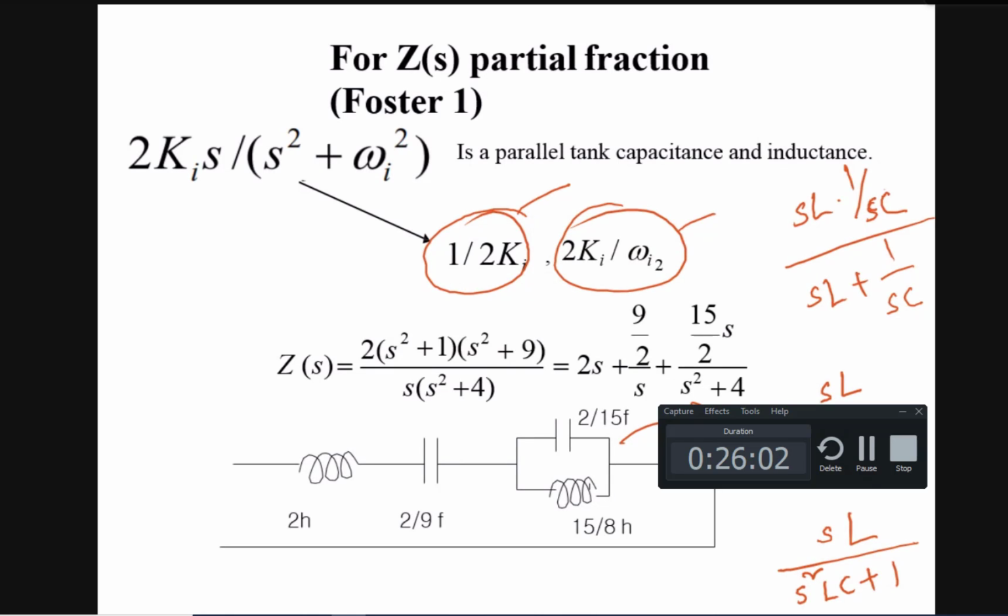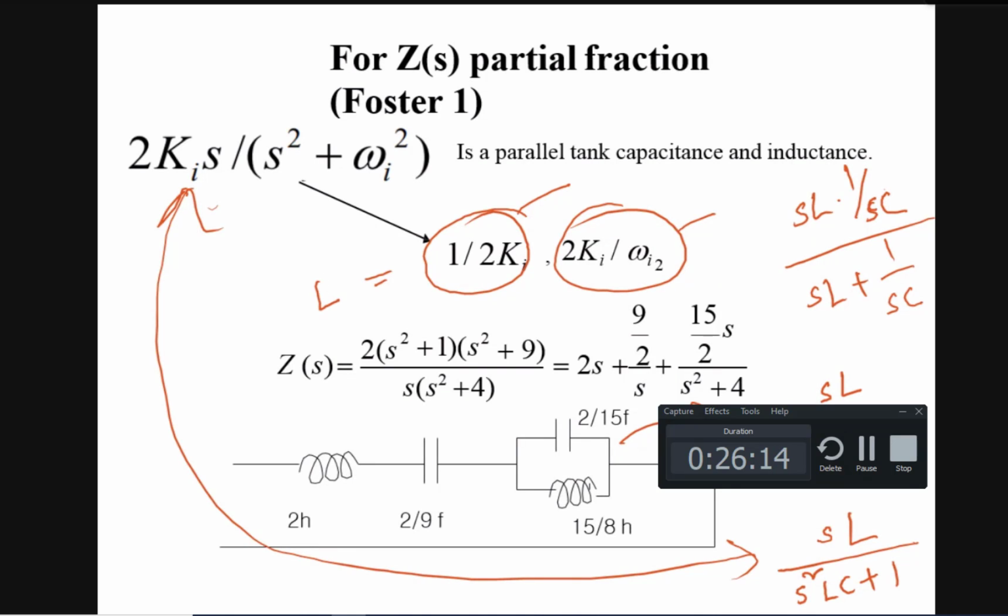From here, if you compare, 1 by 2K corresponds to C. If you divide the numerator and denominator by L, then you get (s by C) divided by (s squared plus 1 by LC).